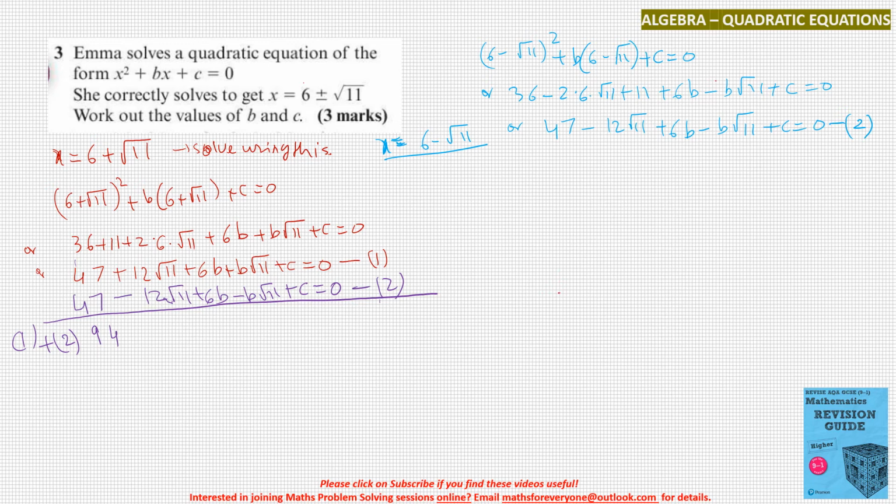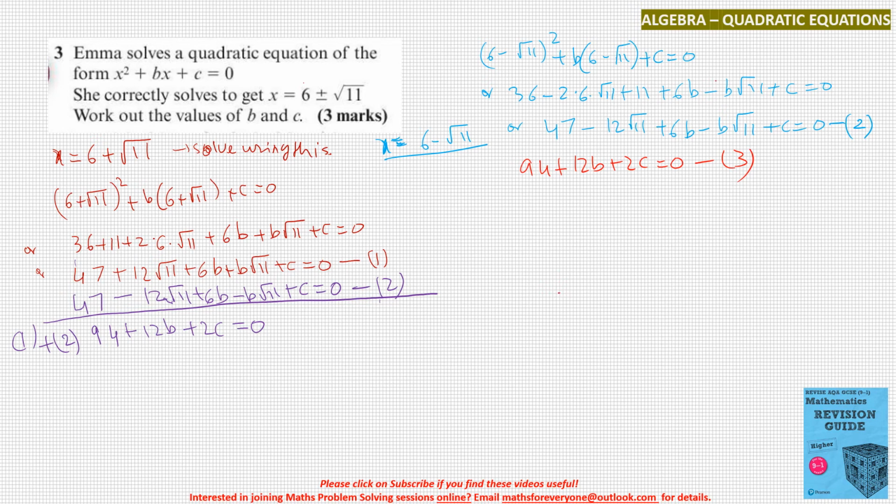The root 11 terms cancel out, so plus 6b and 6b is 12b, and then plus 2c equals 0. So I can call this another equation, my equation 3, so it's 94 plus 12b plus 2c equals 0, and that is equation 3.